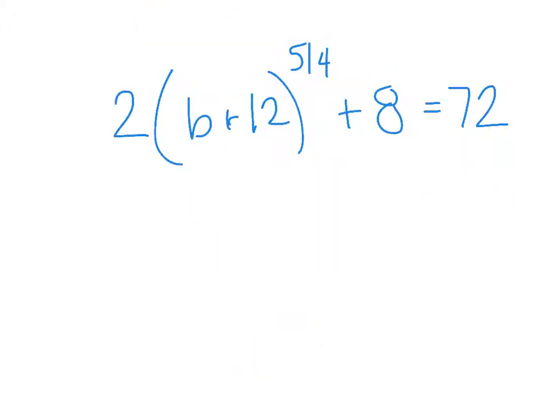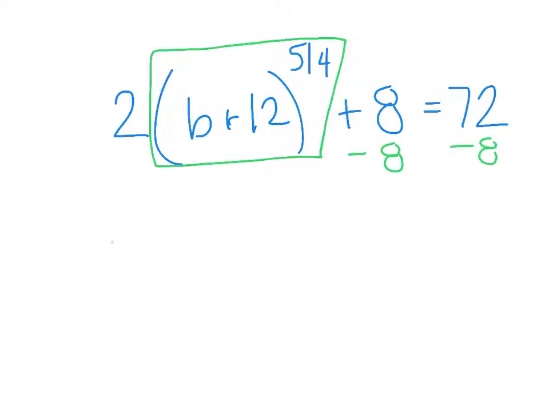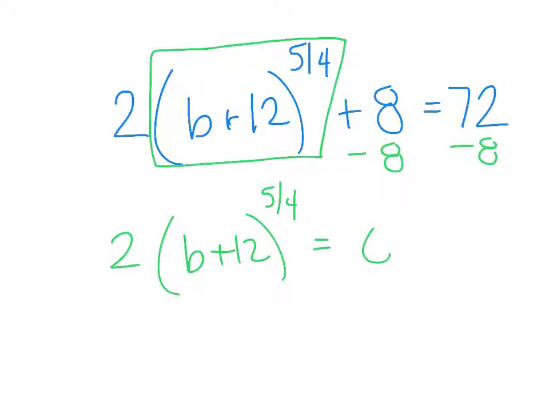Alright, last example here. My goal is to solve for b. Now notice there are parentheses. So this b term, I want you to box in by itself. Our goal is to get that by itself first. So order of operations, again, simple algebra from 8th and 9th grade. I'm going to subtract over 8 first. I'm going to get 2 times b plus 12 raised to the 5/4 equals 64.